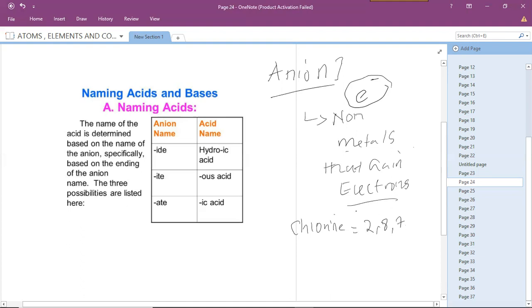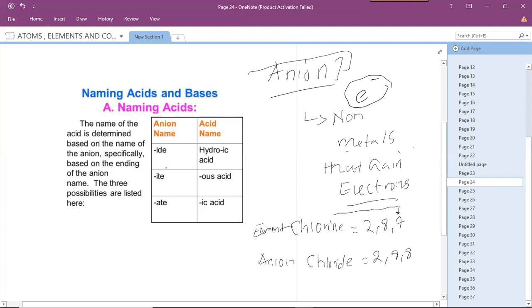Chlorine, once it gains one electron, for it to have a complete electronic structure, is going to go from chlorine element to a chlorine anion, which will be called chloride, which will have an electronic configuration of 2, 8, 8. So these are what we call anions. They are always nonmetals that gained electrons.